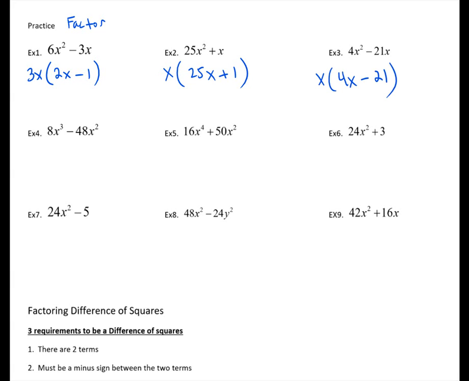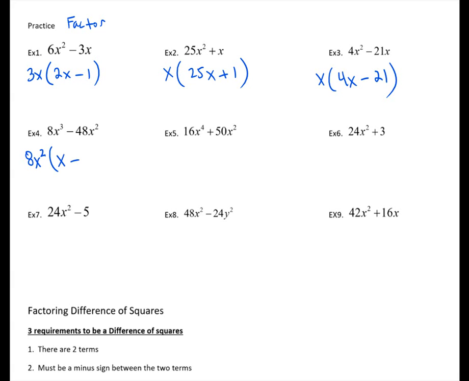Right. Number 4 here. What can I take out? Looks like 8 and 48. I could take out an 8. That divides both evenly. And then I have 3 x's in the first term and 2 x's in the second. So we have 2 x's in common. So I could take out an 8x squared. So 8x squared times what gives me 8x to the third? Well, I need an x, right?